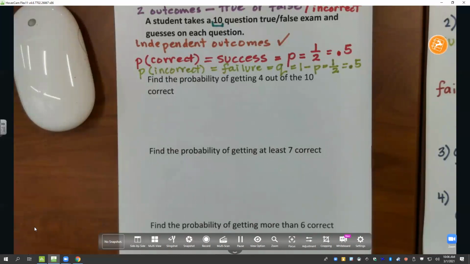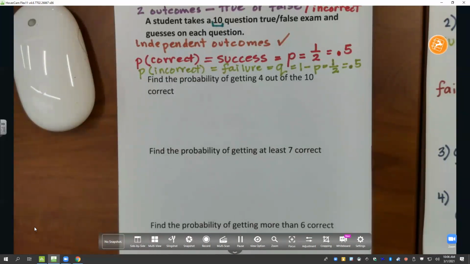So there's different phrasing. And the phrasing matters, because that kind of tells you how to solve the problem. And guys, it's different for each phrase. I do not expect you to memorize how to do it for each phrase.